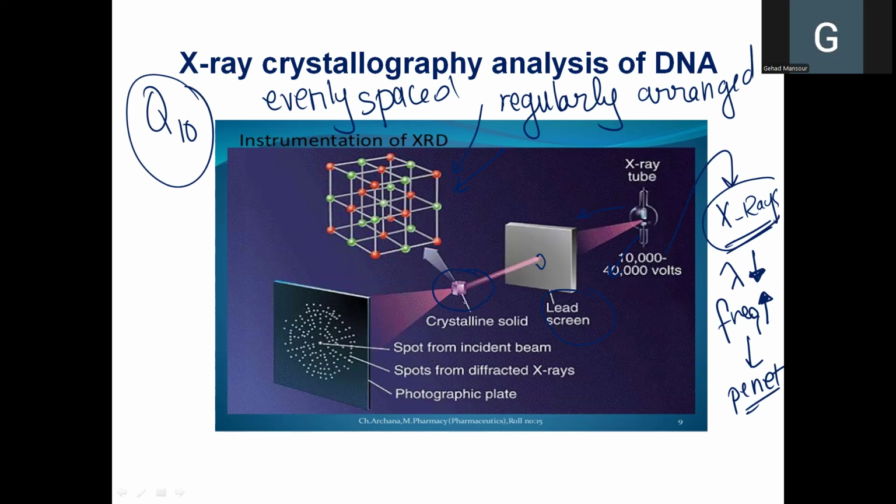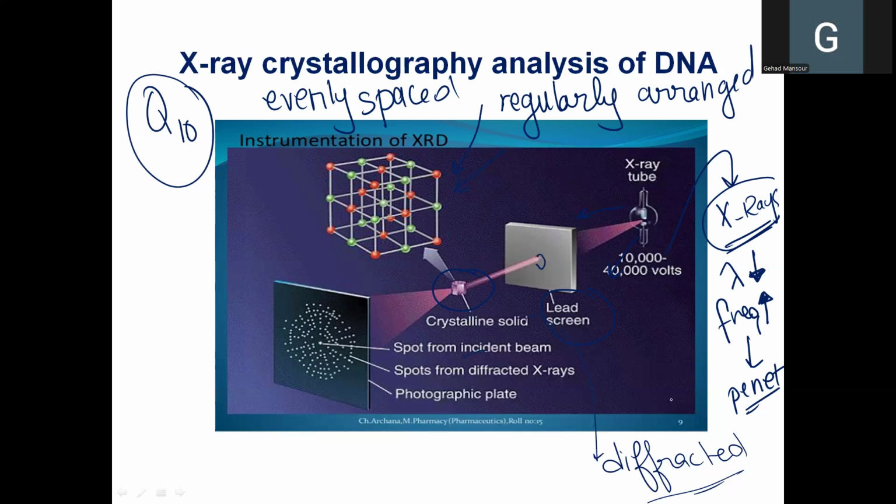And in such a case, Rosalind Franklin, the scientist who did this for the first time, could see spots on the screen from the incident beams, coming from diffracted X-rays. So what did the crystalline solid do? The crystalline solid diffracted the X-rays, diverged the X-rays away from each other, but in a very specific pattern that reflects the arrangement of the atoms in the solid.